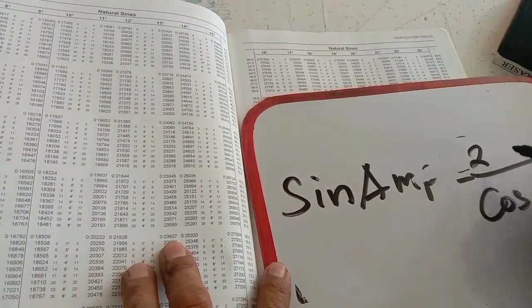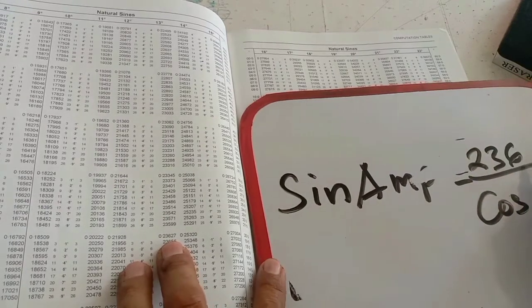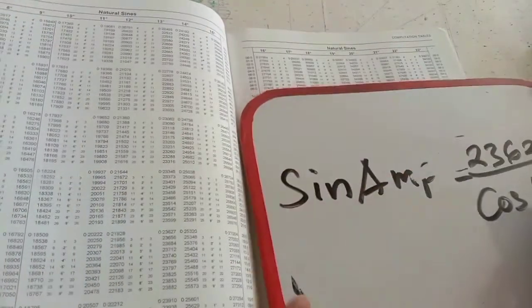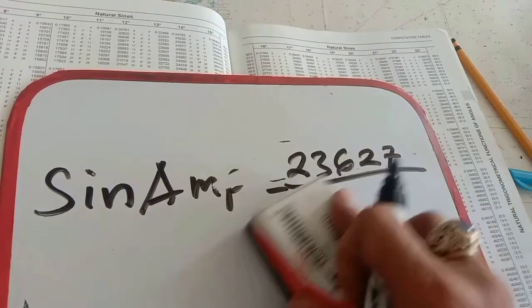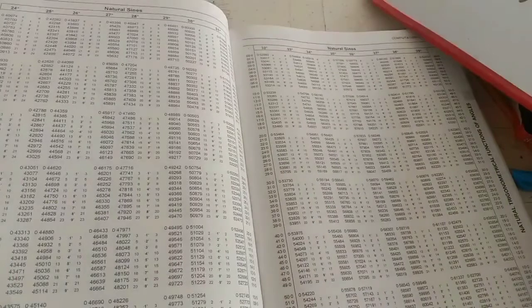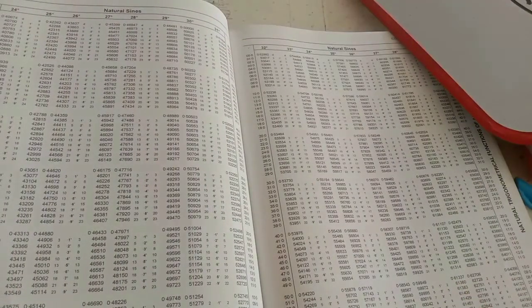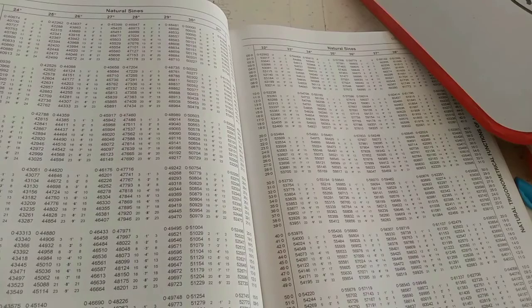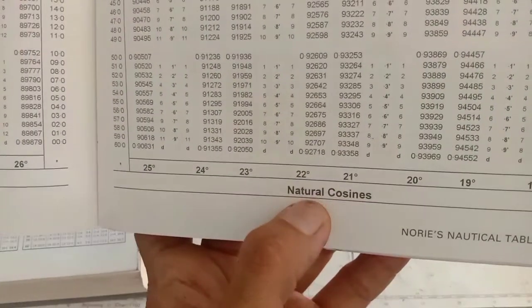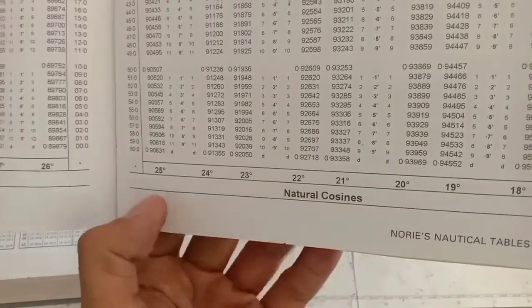So, the value is 0.23627. So, hahanapin naman natin yung cosine latitude. 25. So, this is the natural cosine latitude, 25.